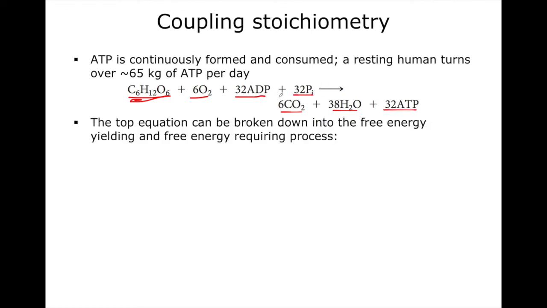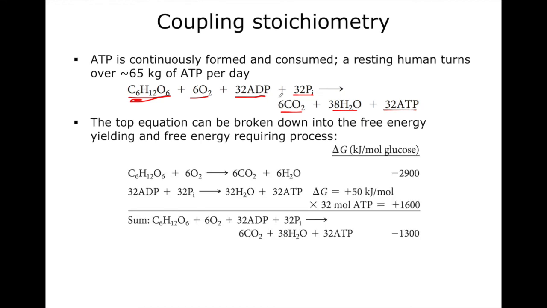Now, I know that's probably not quite clear, so let's break it into two half reactions. Here we have our reaction showing glucose reacting with oxygen, giving us carbon dioxide and water. This is an oxidation-reduction reaction, and breaking down glucose is very, very exergonic. A lot of free energy is released.